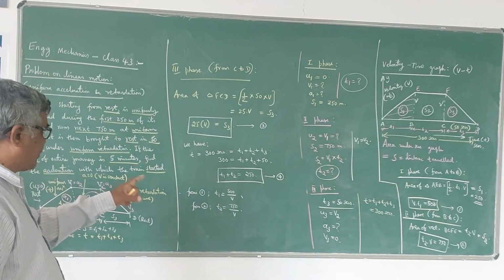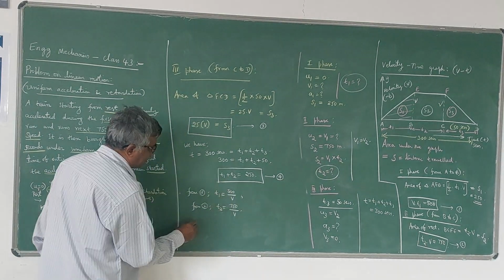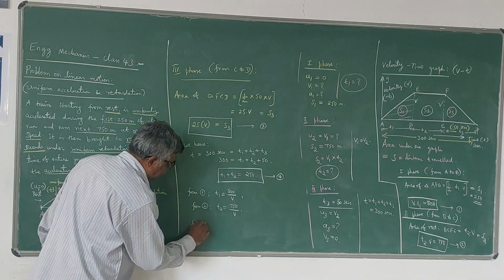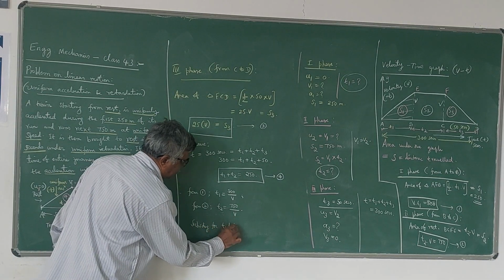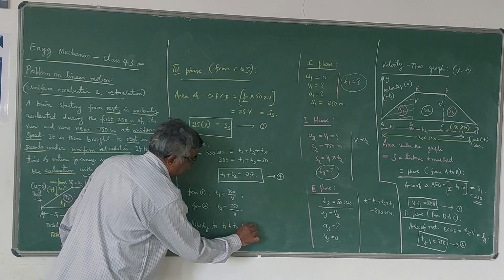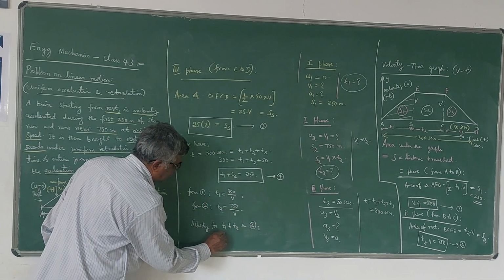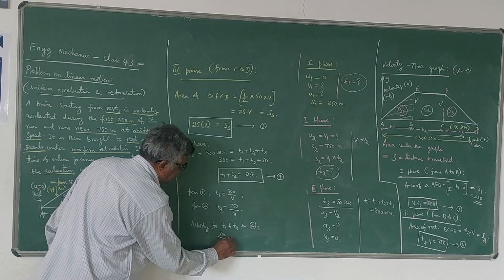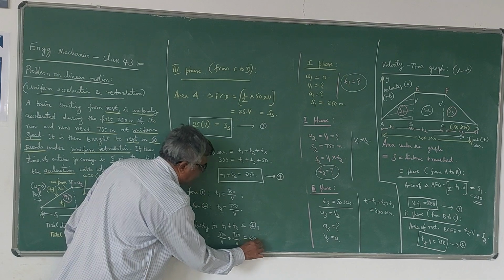So they can be eliminated, and in the place of T1 and T2 you can put in terms of V. So substituting for T1 and T2 in equation 4. So T1 plus T2 is 500 by V plus 750 by V is equal to 250.